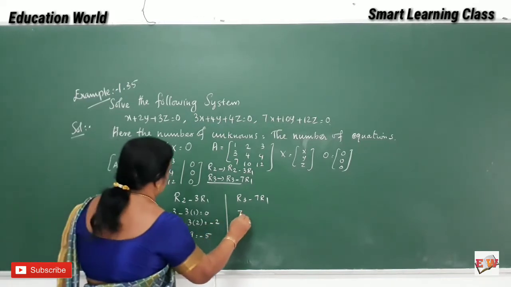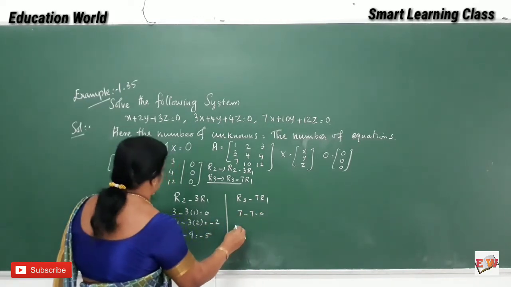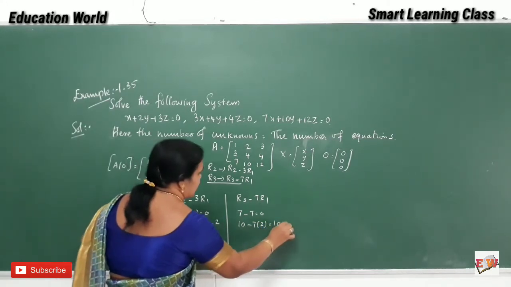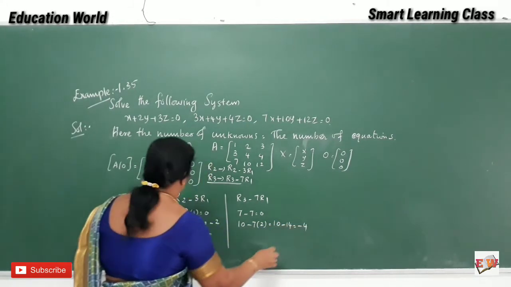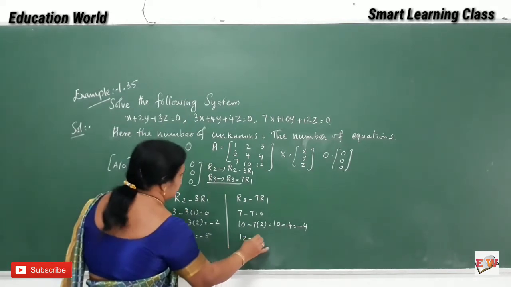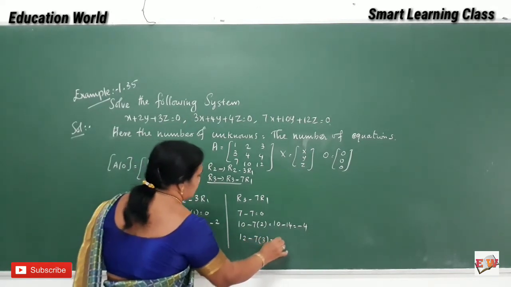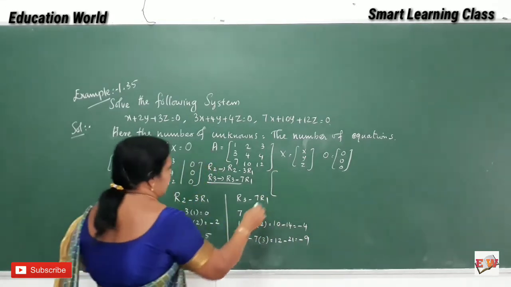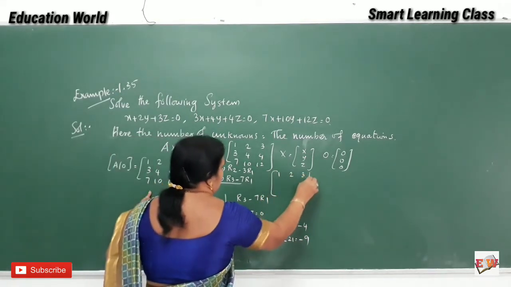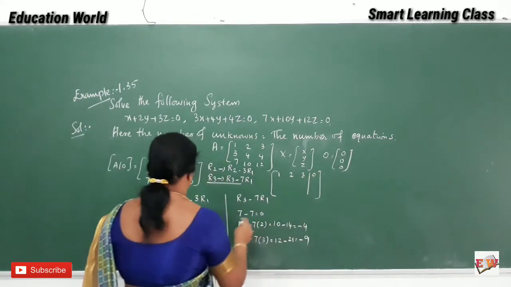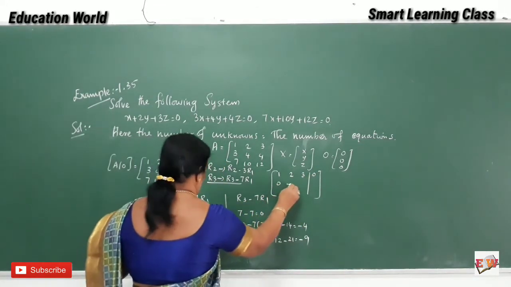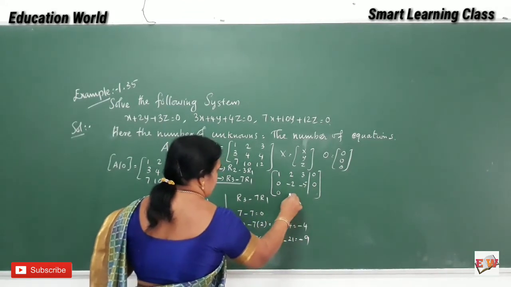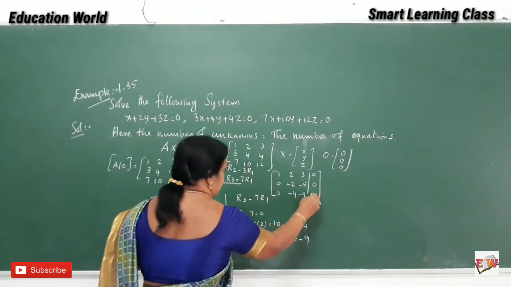R3: 7 minus 7 equal to 0. 10 minus 7 into 2, 10 minus 14 is equal to minus 4. 12 minus 7 into 3, 12 minus 21, minus 9. We get 0, minus 2, minus 5, 0, 0, minus 4, minus 9, 0.